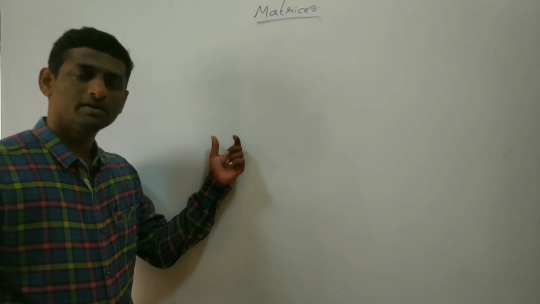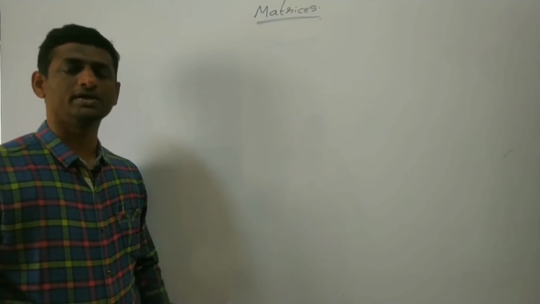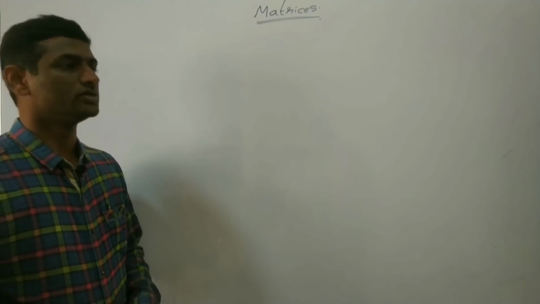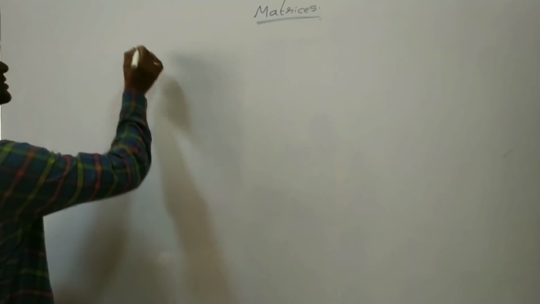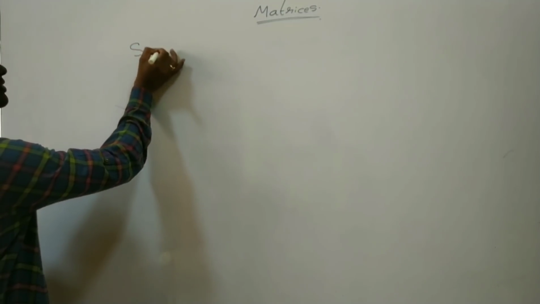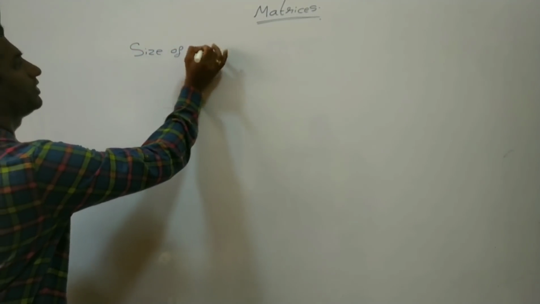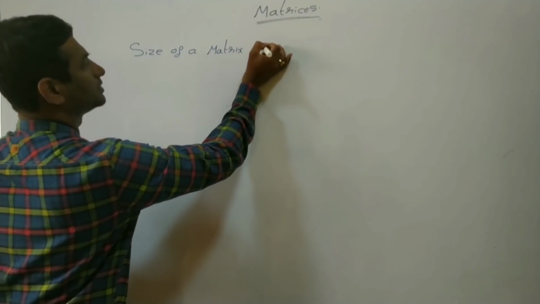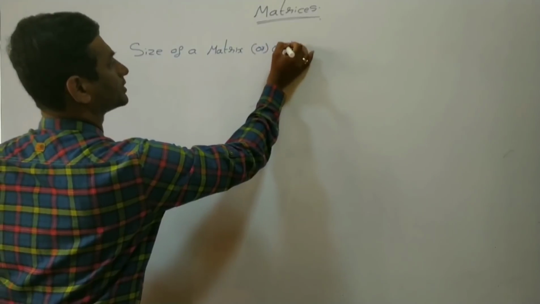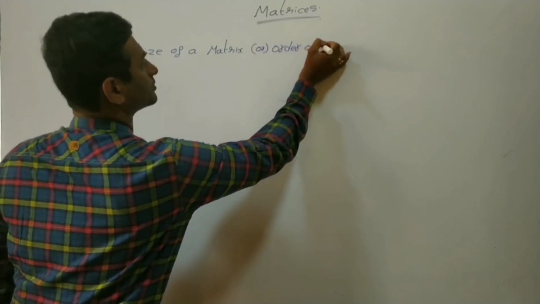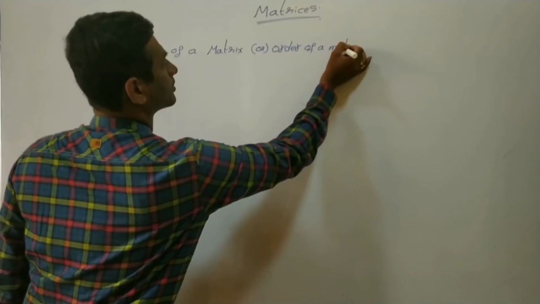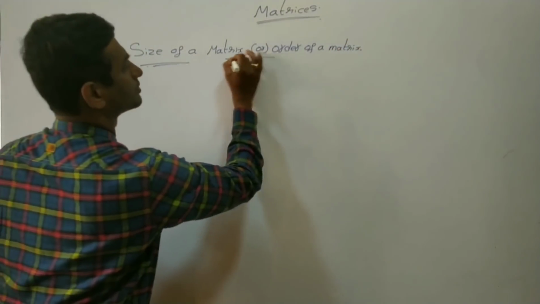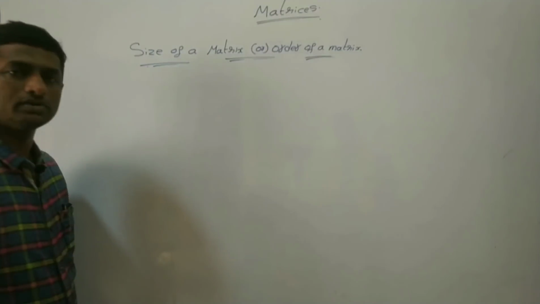Now, based on the example of a 3 by 4 matrix, we'll enter into the generalized matrix. That is the size of a matrix, or we can say the order of a matrix. Now we'll see what it is.